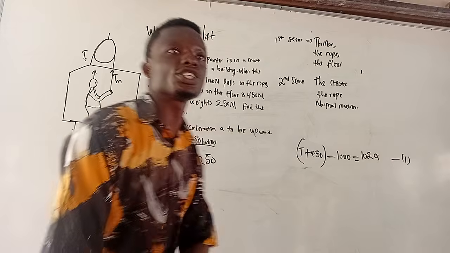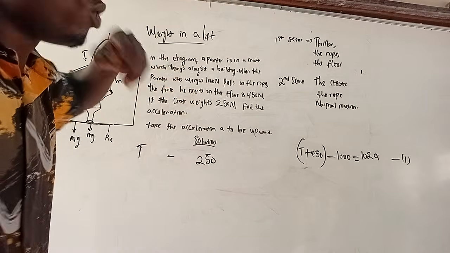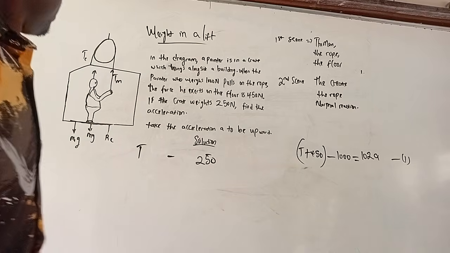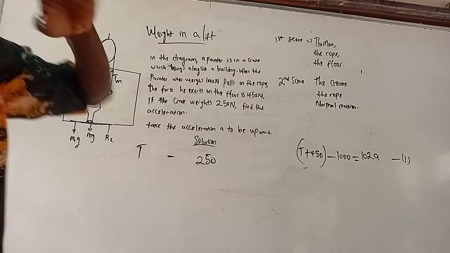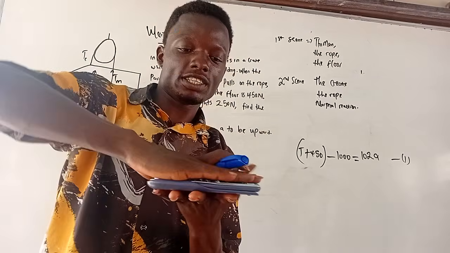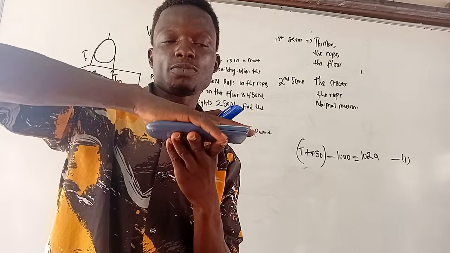What of the normal reaction? Now, when we were considering the man, the reaction on the man is upward. If I'm standing on a table, or this is my hand on this calculator, the reaction on my hand is upward.